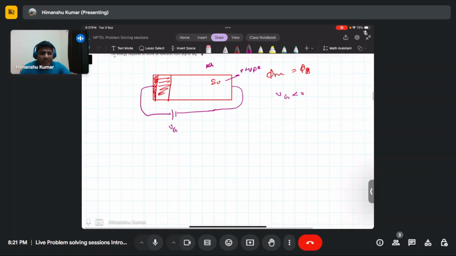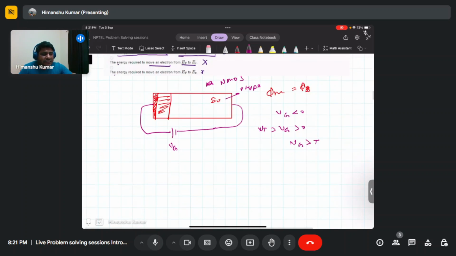If the substrate is p type, then it will become NMOS. Now the gate voltage is applied such that it is positive but less than the threshold voltage, or the voltage required to invert the channel, and then the gate voltage VG is applied greater than the threshold voltage. So these are three different cases: first is the accumulation case, the other is the depletion case, and the other one is the inversion case.